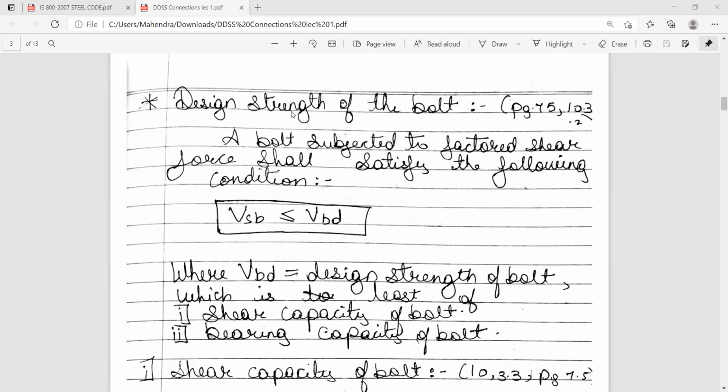You have completed this design strength of the bolt. Should I proceed further? Okay, complete it.